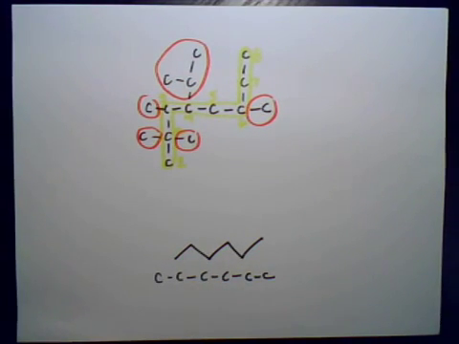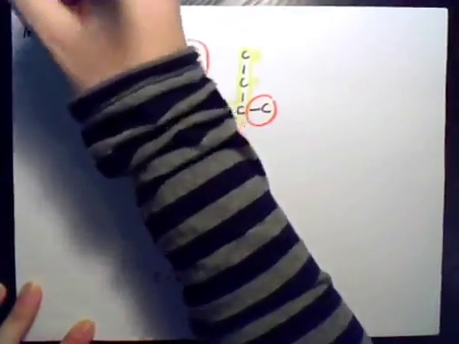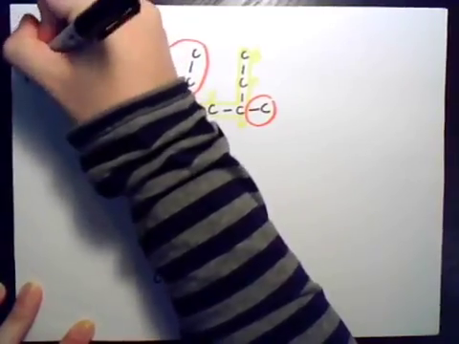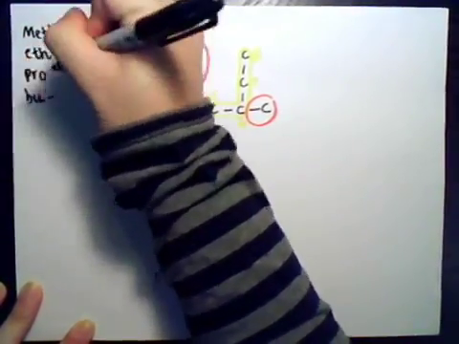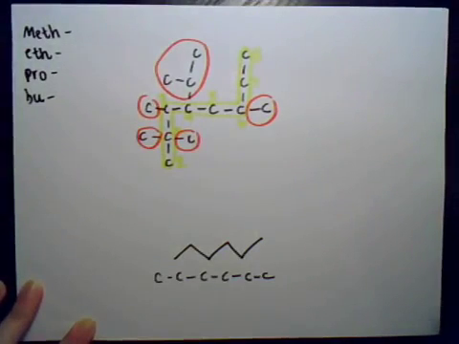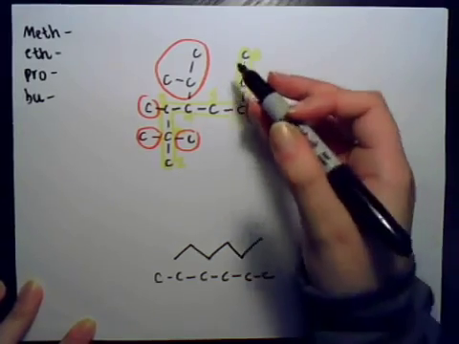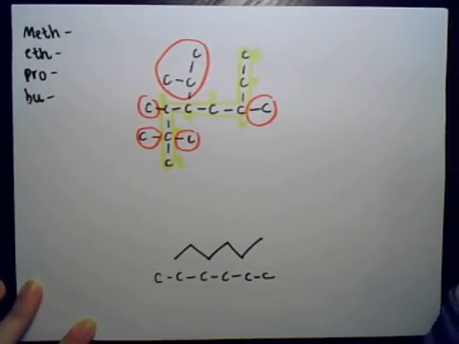So, remembering what I mentioned in my previous video, that we can use meth, eth, prop, but to mean 1 carbon, 2 carbons, 3 carbons, or 4. I'm going to write it here. Meth, eth, prop, but. Alright, so if meth, eth, prop, but means 1 carbon, 2 carbons, 3 carbons, or 4, then we can use that same technique to name the substituents on these molecules that consist of just carbon.